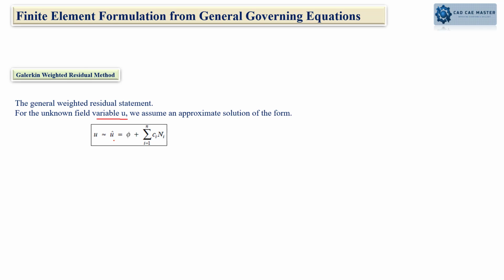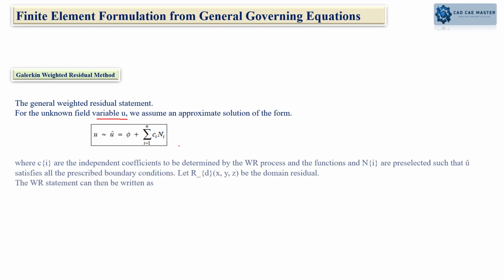So if we consider u hat for a certain value, it is equal to the summation from i = 1 to n of ci Ni. Here ci is the independent coefficient which we need to find out: C0, C1, C2, C3 and so on.